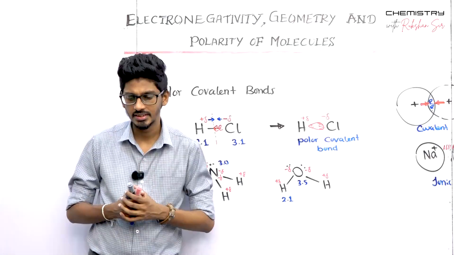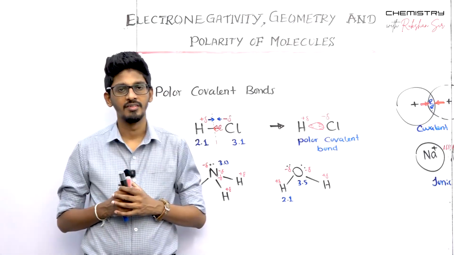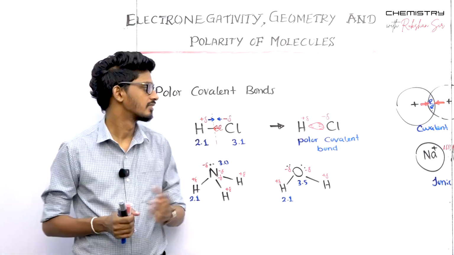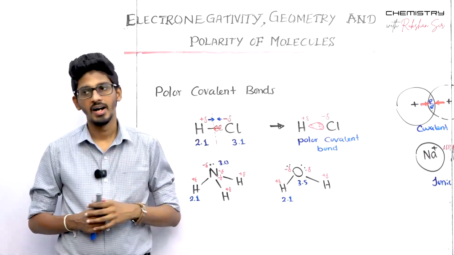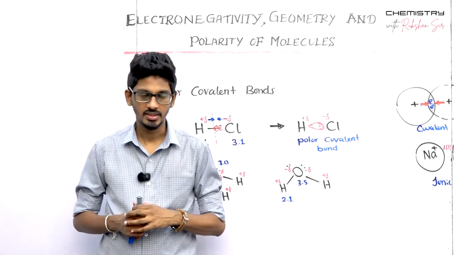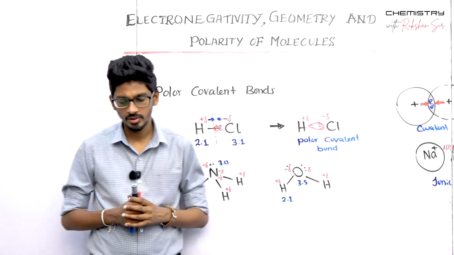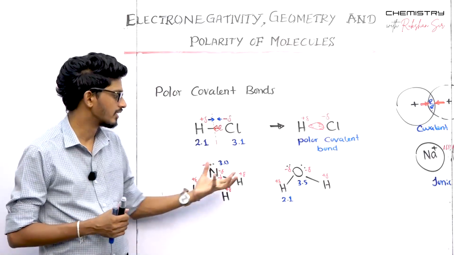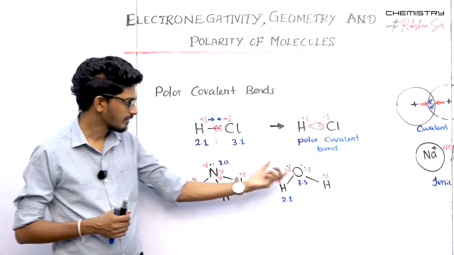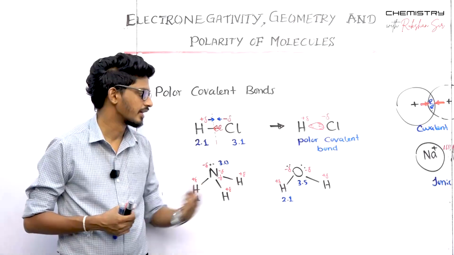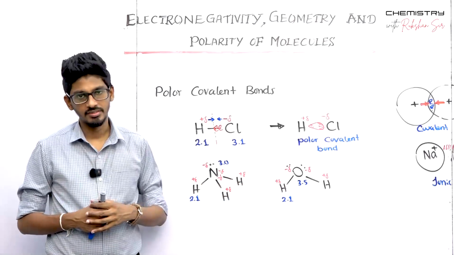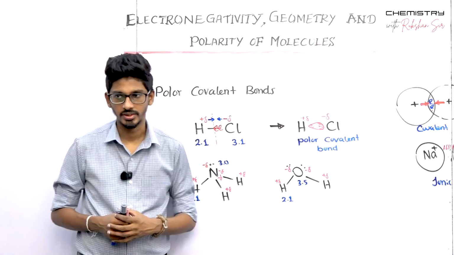The note says, so polar covalent bonds are with some ionic character. Yes, those are with some ionic character. Right? Okay, the thing is clear now. So some other examples are also given. You can draw these two structures as well at the second space given in your note.